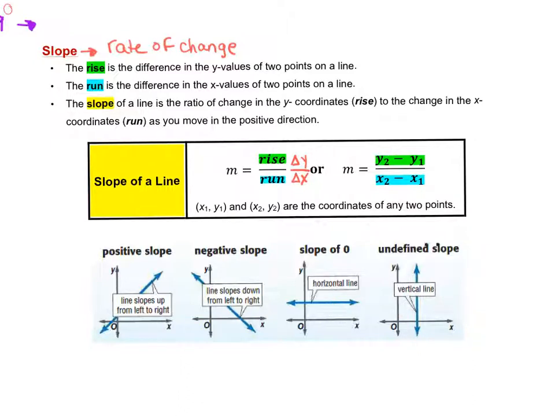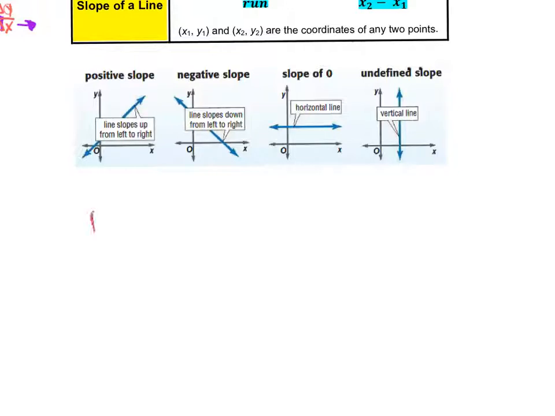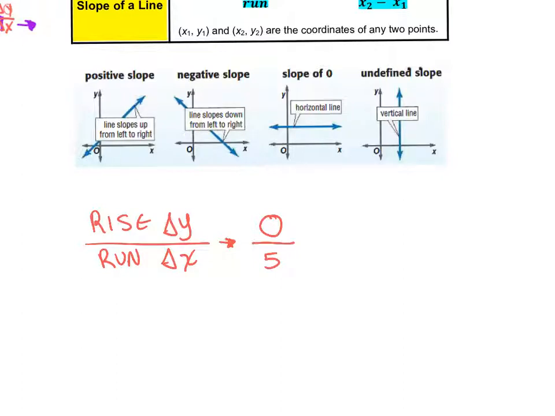A couple of ways to figure out the difference between the two. If you think about the idea of rise over run as slope, we know that the change of y, or the rise, over the change of x, which is the run, is a fraction. If I don't change anything on the y, and I change any value on the x, you remember that 0 divided by anything will always give you 0. If you're going to take $0 and divide it among 5 people, each person is going to get 0 because 0 is an actual value.